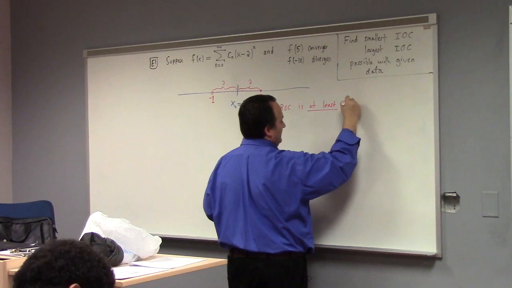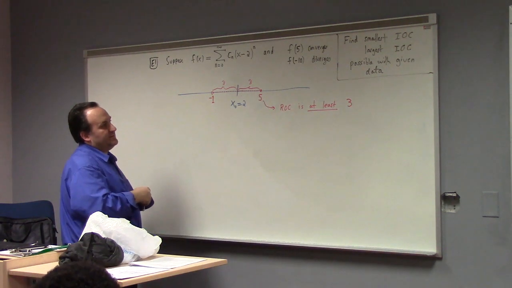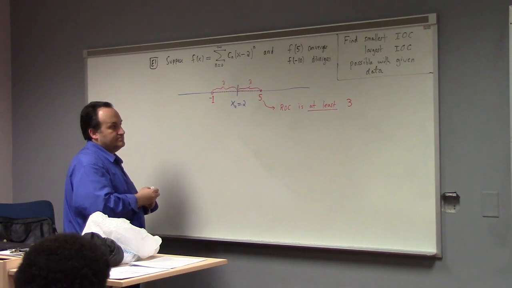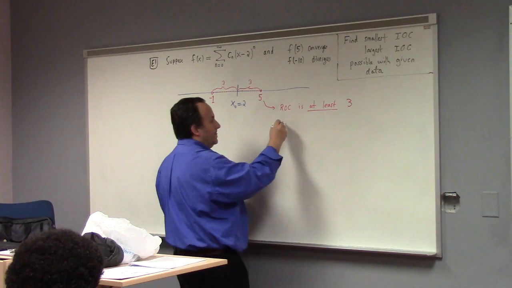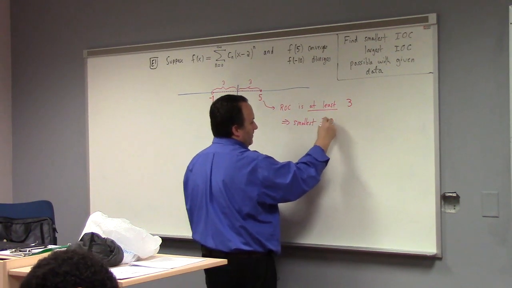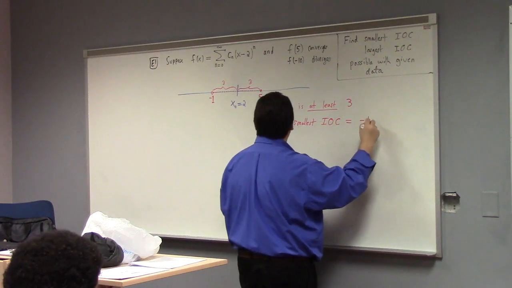Not 5, at least 3, right? So what's the smallest interval of convergence that's possible? What did you say it was? It was -1 to 5.